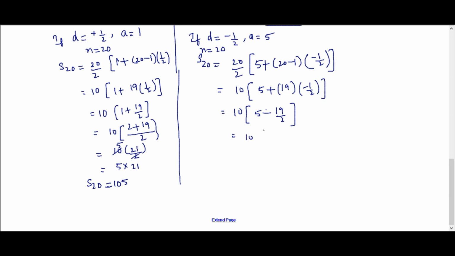And then LCM is 2. 5 2s are 10 minus 19. So it will become 10 times minus 9 by 2. 2 5s are 10, so it will become 9 5s are 45 with a minus. Okay, so S20 in this case, with d as minus 1 by 2 and a as 5, will have S20 as minus 45, whereas the other one is 105.